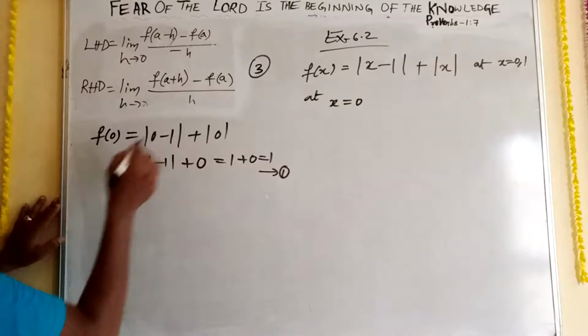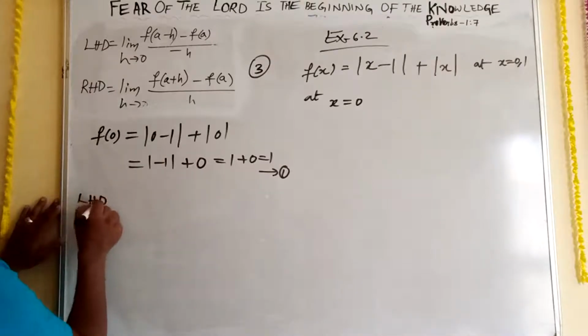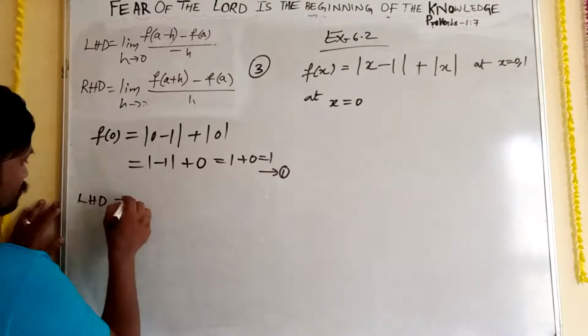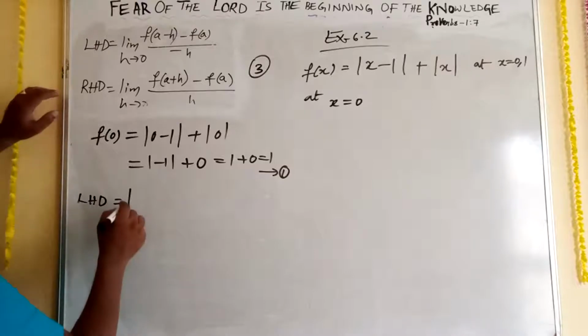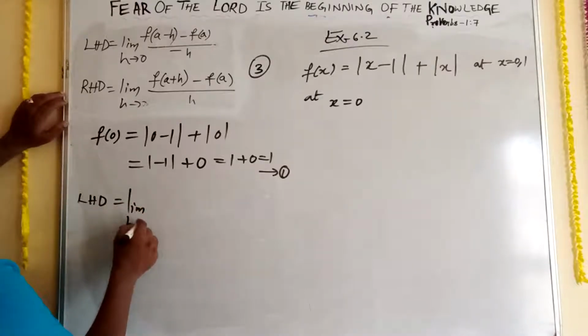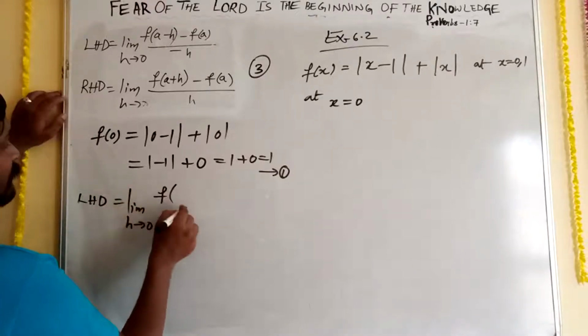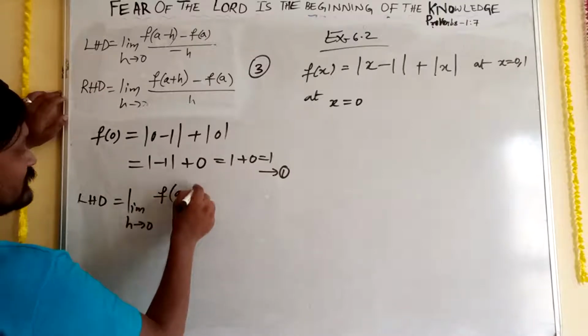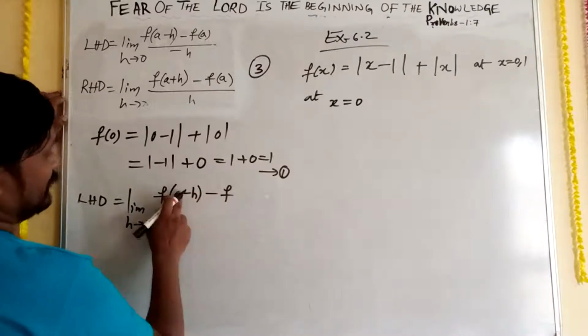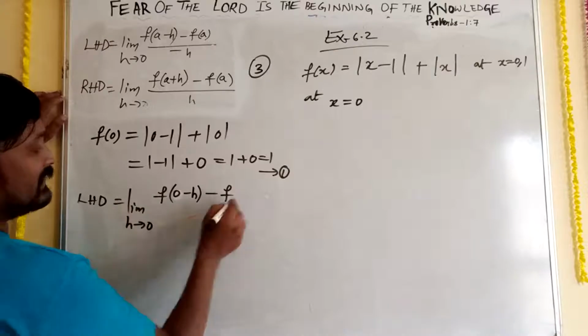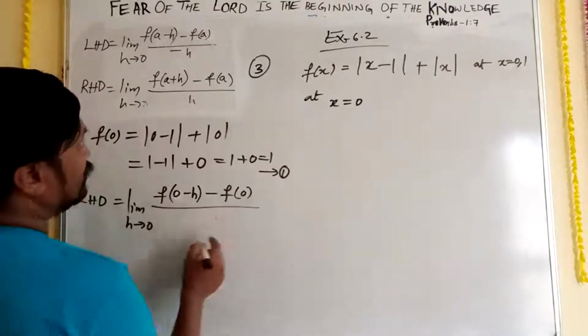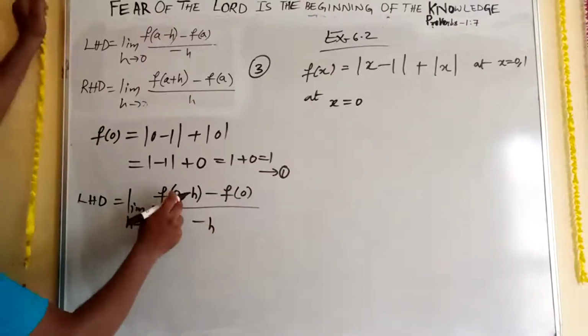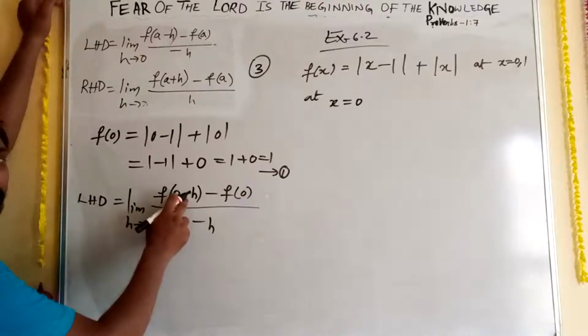Okay. So now we'll go for LHD. That is equal to limit h tends to 0, f of a minus h minus f of a, where a is 0 here. So f of 0 minus h, upon minus h. F of 0 minus h means f of minus h.